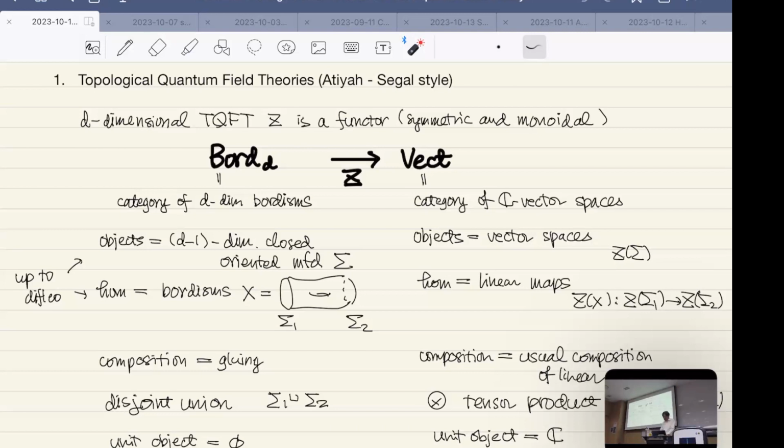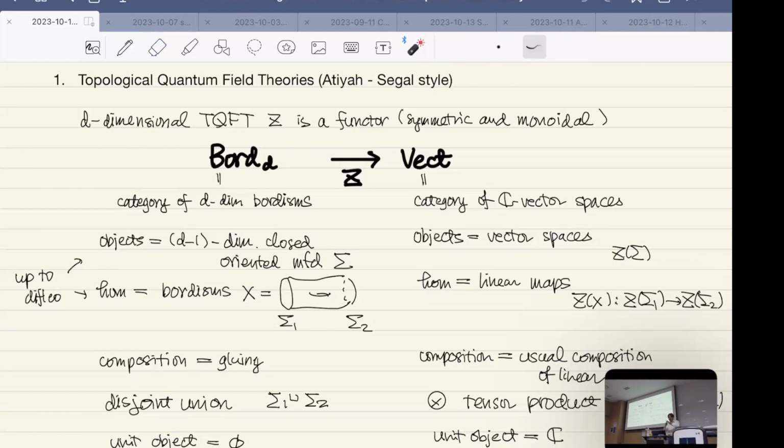And the homomorphism is a bordism between two (d-1)-dimensional manifolds, which is just a d-dimensional manifold with boundaries, and you have two boundaries, sigma 1 and sigma 2. You also allow sigma to be empty. The empty set can also be regarded as a (d-1)-dimensional manifold.